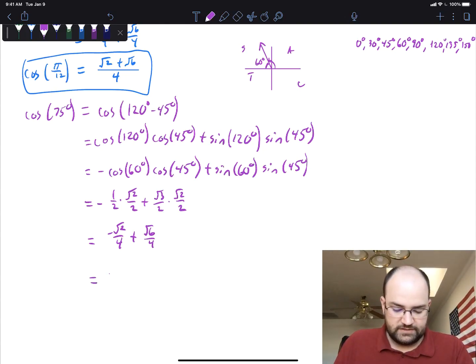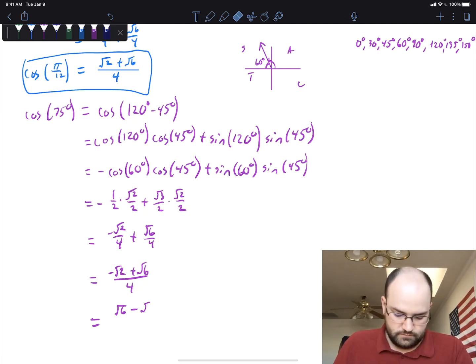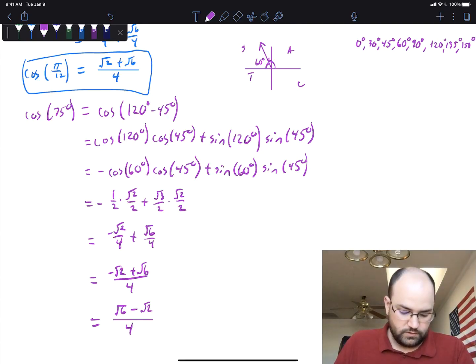And that, of course, gives us negative root 2 plus root 6 all over 4. And if you prefer, you can make that root 6 minus root 2 all over 4. And there we go. So it gives me cosine of 75 degrees.